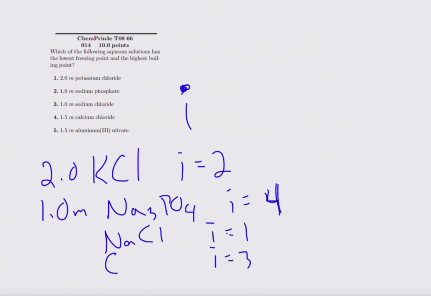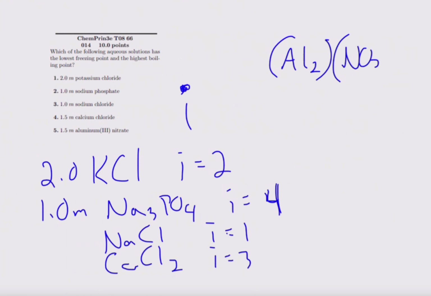So it's CaCl2. And then aluminum nitrate. That's going to be aluminum 2, nitrate, NO3, 3. Didn't need the parentheses around the aluminum.